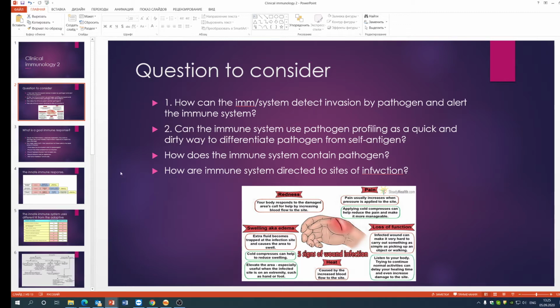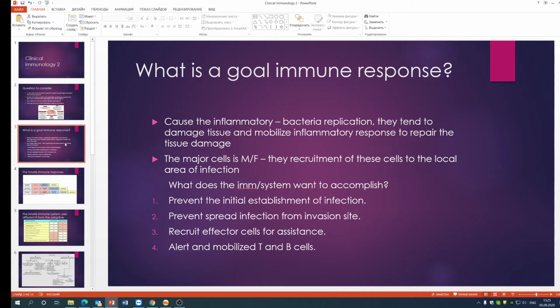What is the goal of the immune response? What does it want to accomplish? First, prevent the initial establishment of infection, prevent spread of infection from the invasion site, recruit effector cells for assistance, and alert and mobilize T and B cells.